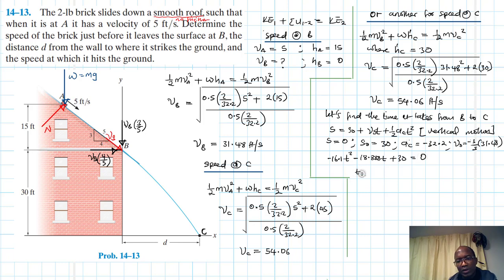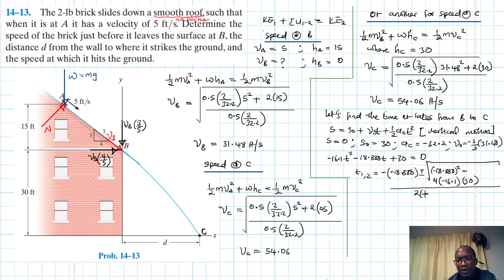So we have T using the quadratic. We fit in those values. Plus or minus square root. We have minus 18.888 squared, then minus 4a, which is minus 16.1, and then 4ac, then 30, then everything divided by 2a.